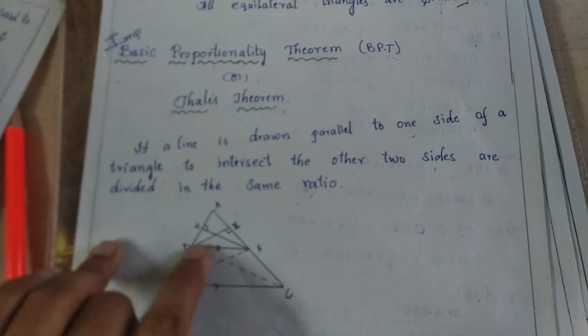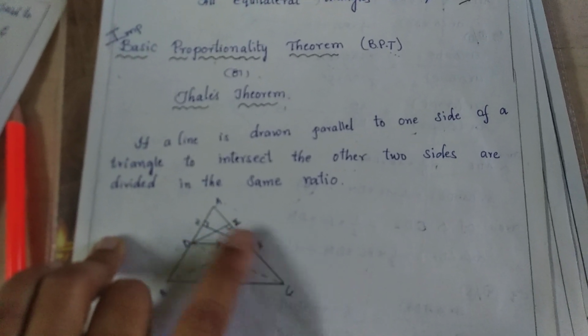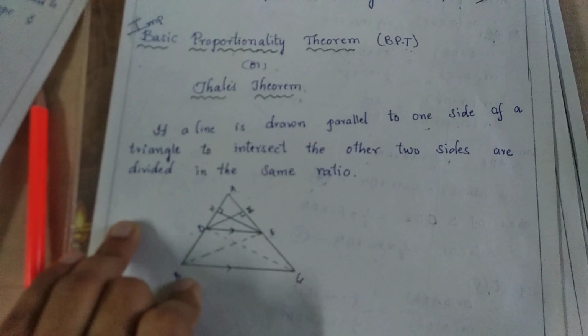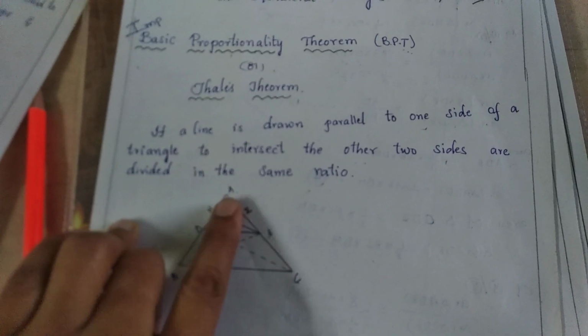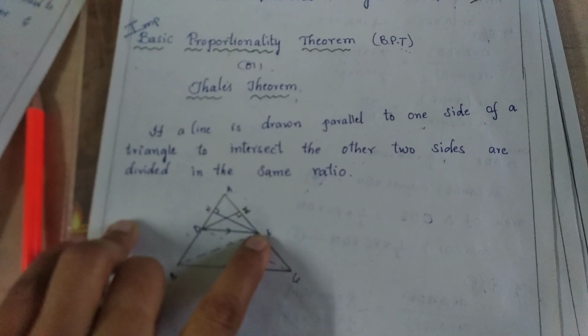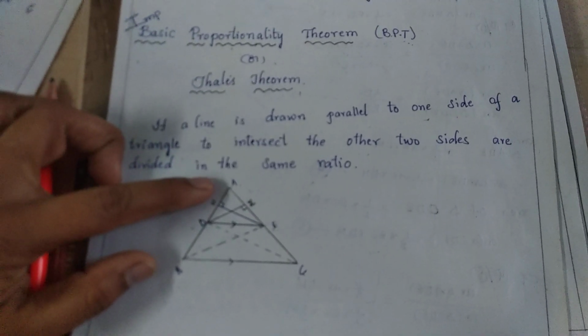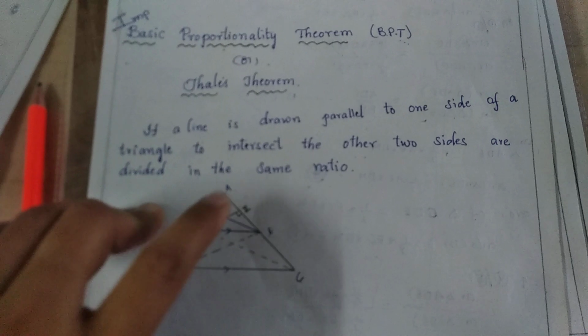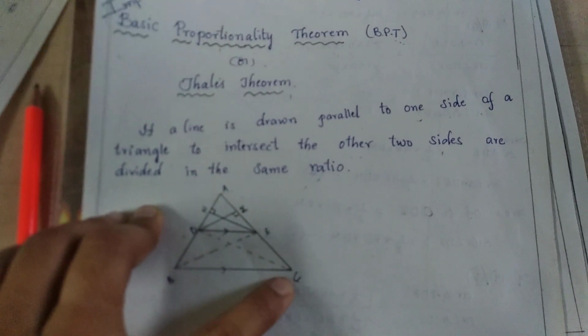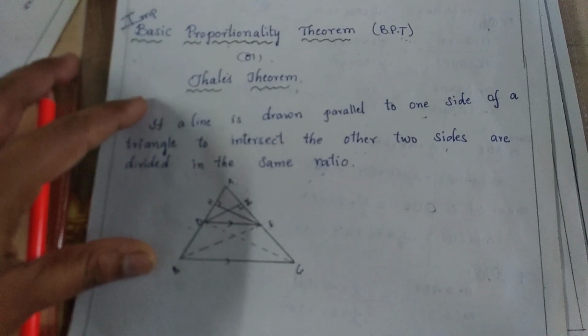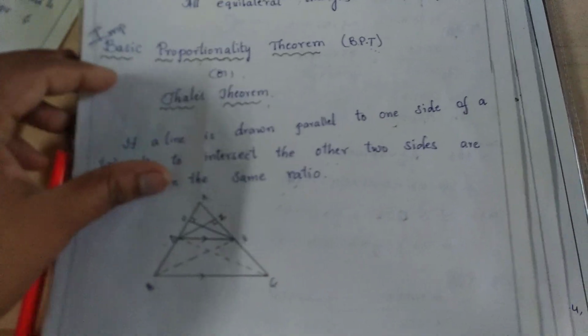The other two sides are divided in the same ratio: AB is divided at D and AC is intersected at E. Did you understand? In the same ratio, AD by DB equals AE by EC. That is the statement. Okay children, did you understand?